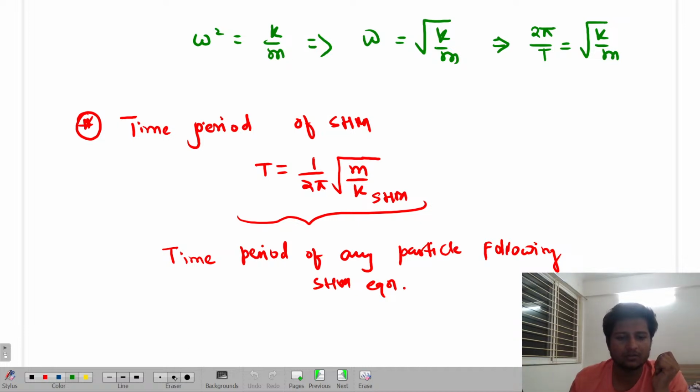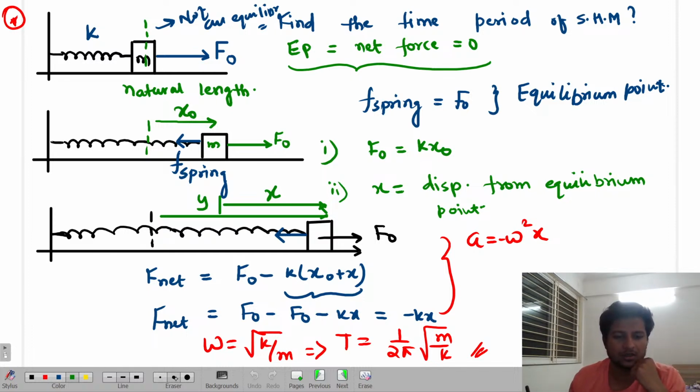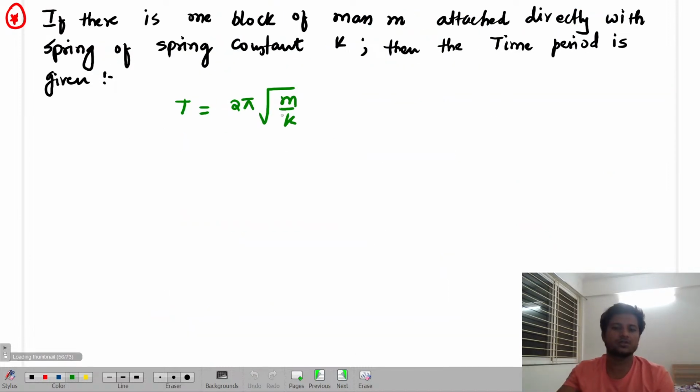If I am writing 1 by 2 pi, sorry, this is 2 pi root under m by k, because if I just do the cross multiplication, are you able to get me or not? Sorry, that's the frequency equation I was writing. So 2 pi root under m by k. Is that clear or not?